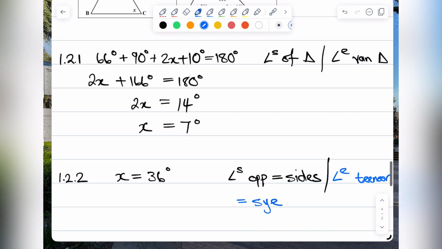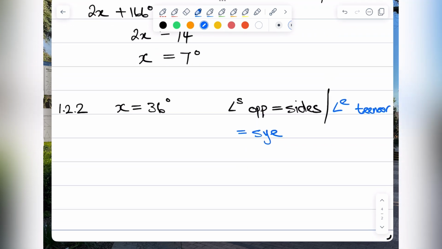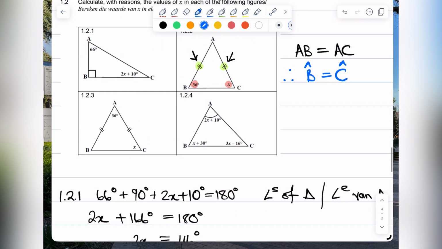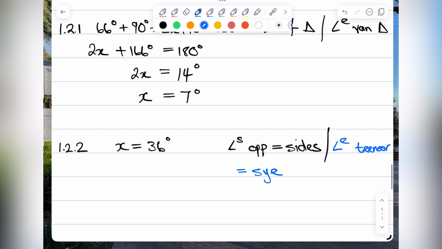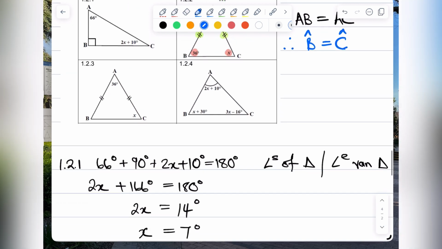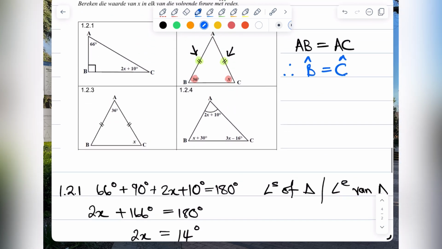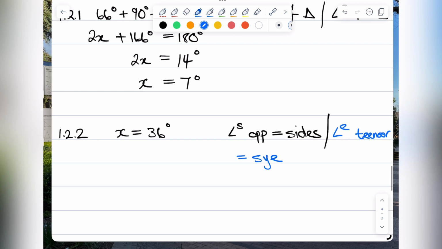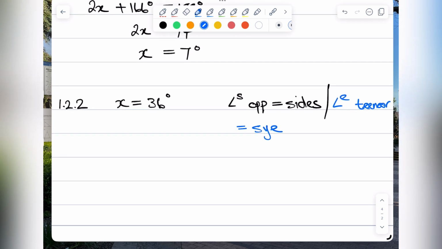Now, that reason has been a bit of a challenge for some of you to remember, and when that happens, you forget how it's written, and you just sort of default to writing isosceles triangle, or you write that triangle ABC is an isosceles triangle. That reason is accepted in grade 8.